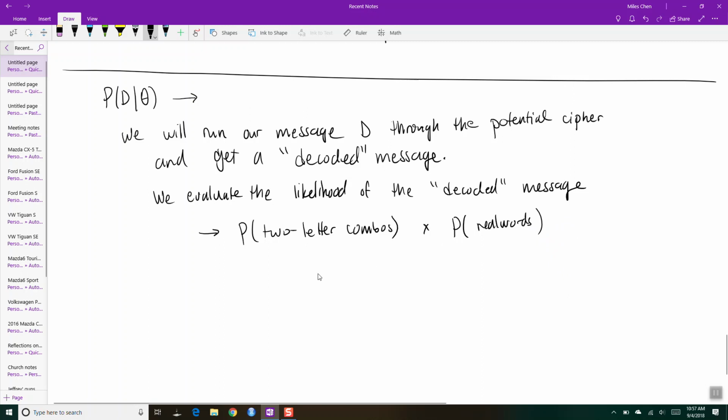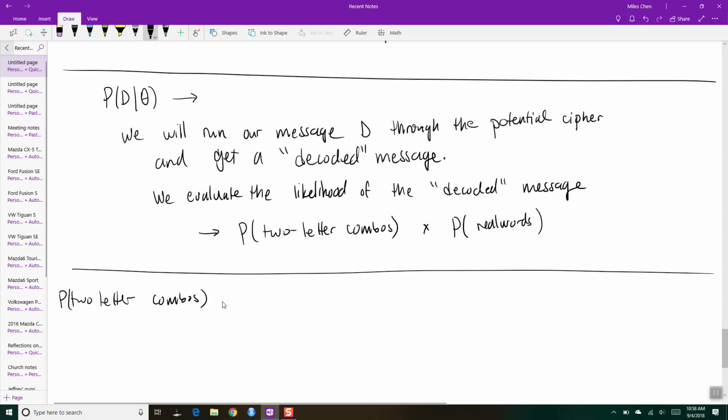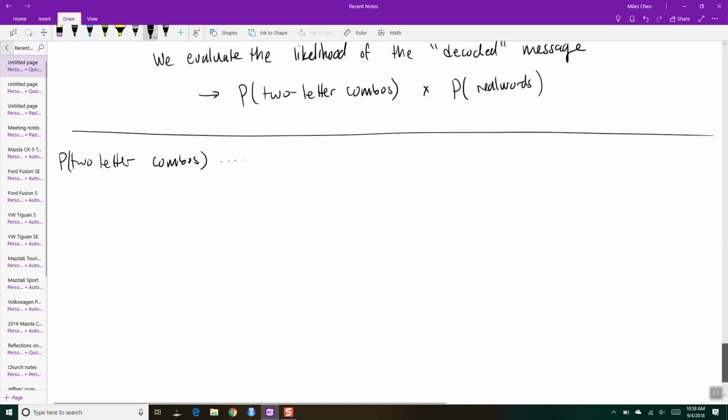And so the 2-letter combos, let's talk about the probability of the 2-letter combos. So first of all, step one is what letter combos are common in English?